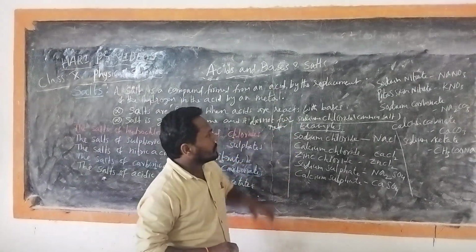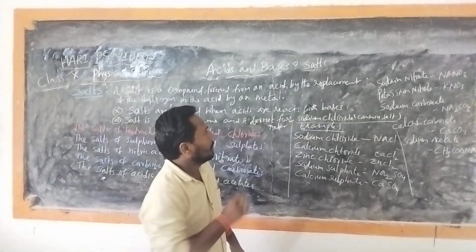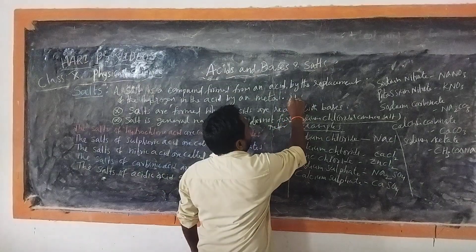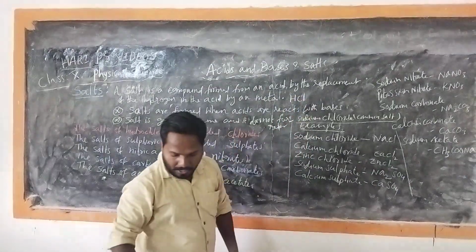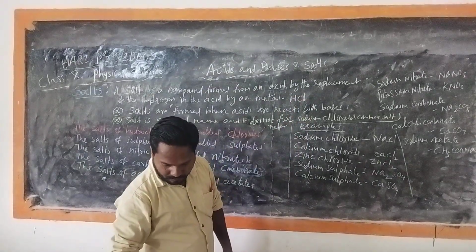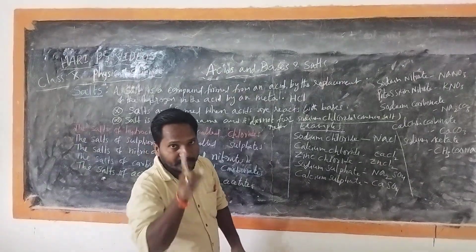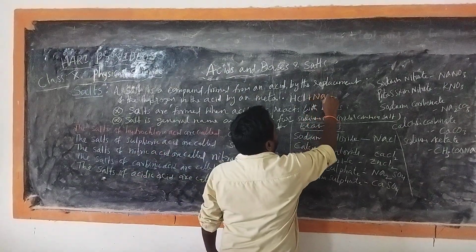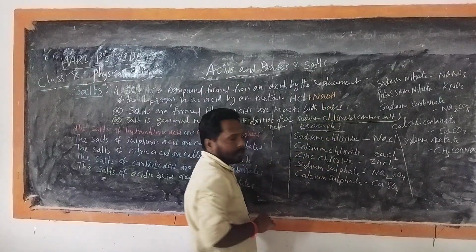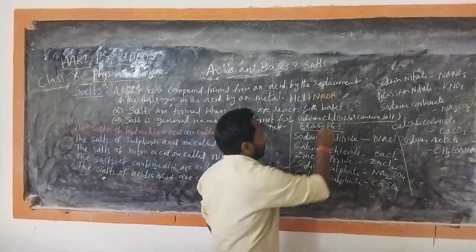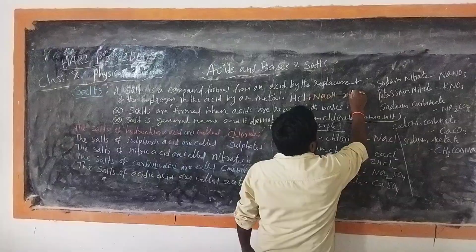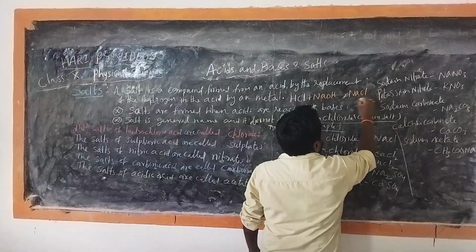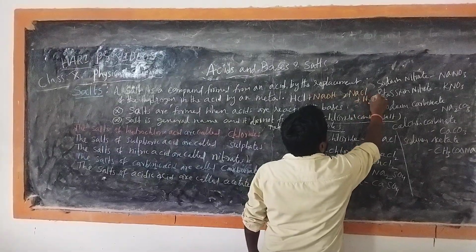So how is common salt or sodium chloride formed? We know that hydrochloric acid, HCl, is an acid. When this reacts with sodium hydroxide, what is formed? NaCl plus water.